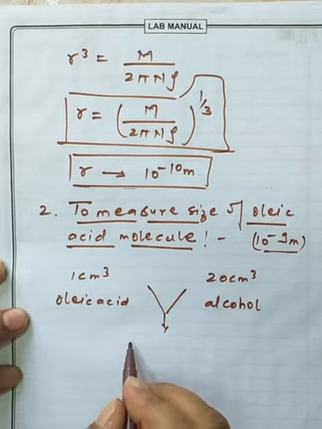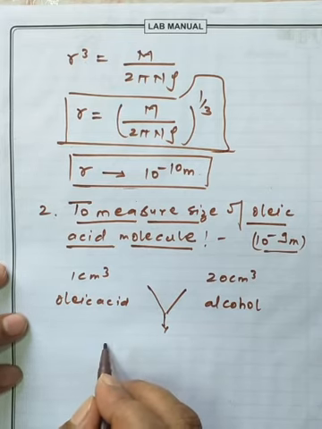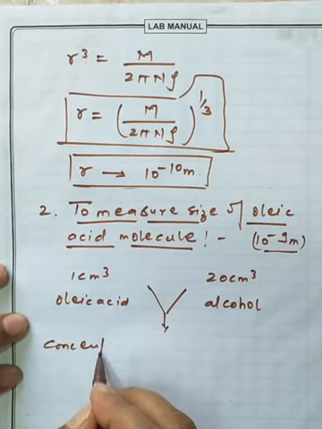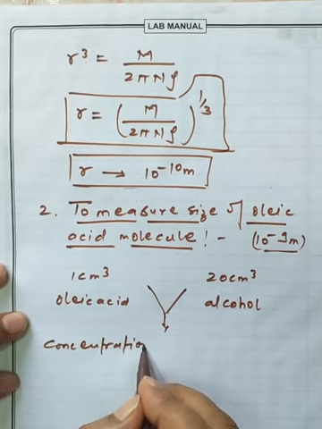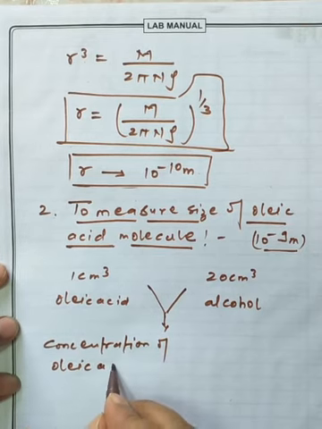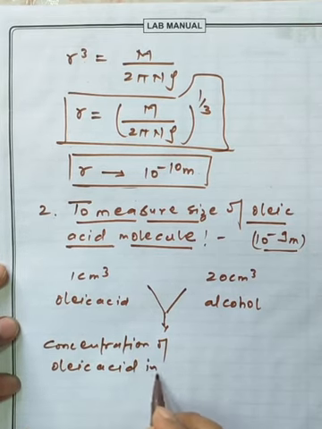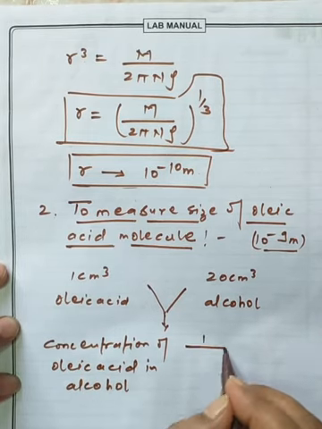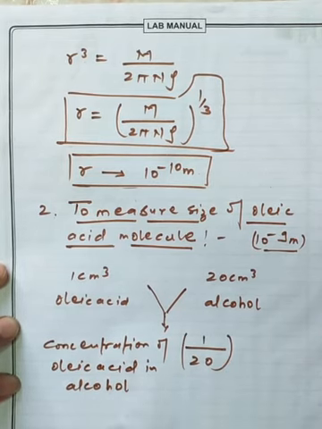Whenever we get the solution, the concentration of oleic acid in alcohol is 1 by 20 part.